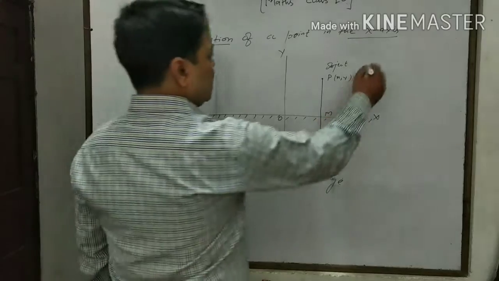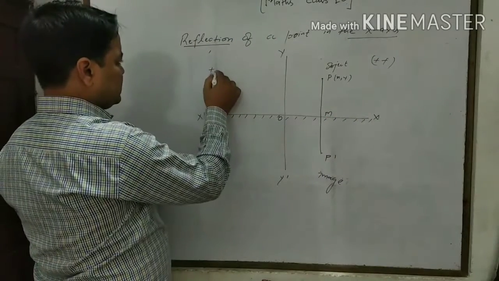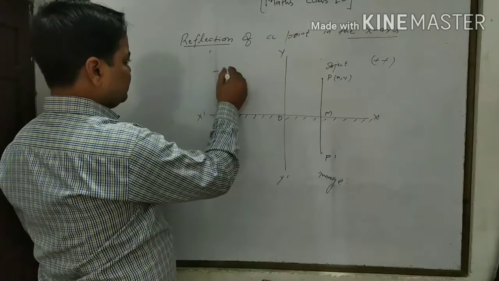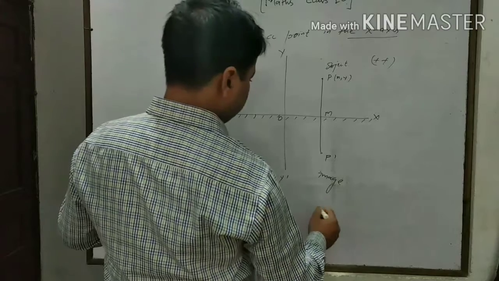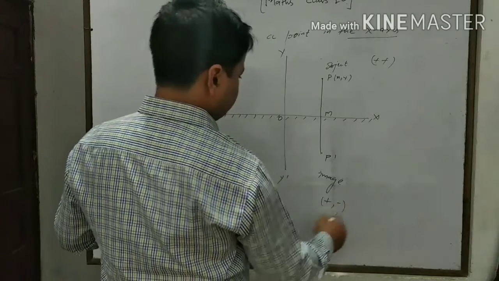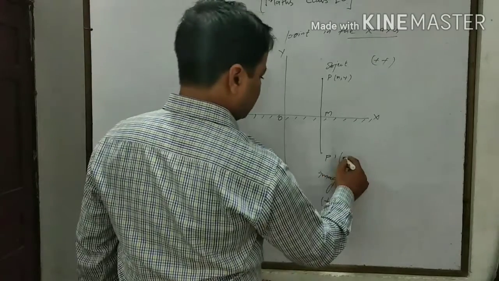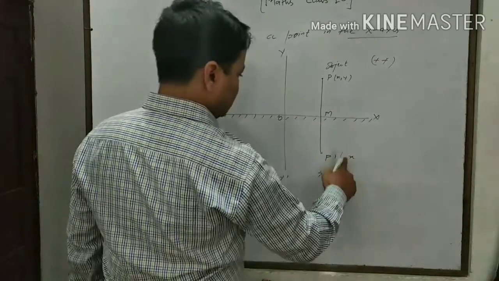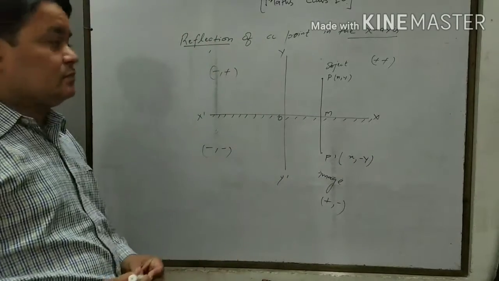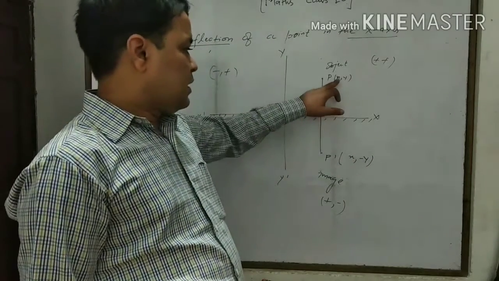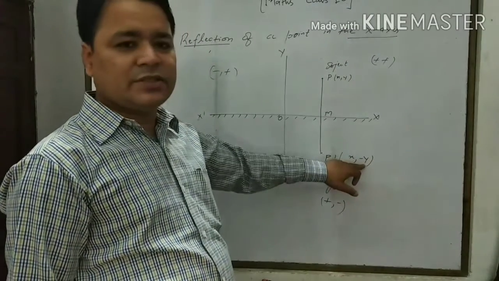And we know that here plus plus, here plus minus. Then the coordinate of this point will be x, minus y. Means the x value will be the same, but the sign of y will be changed.